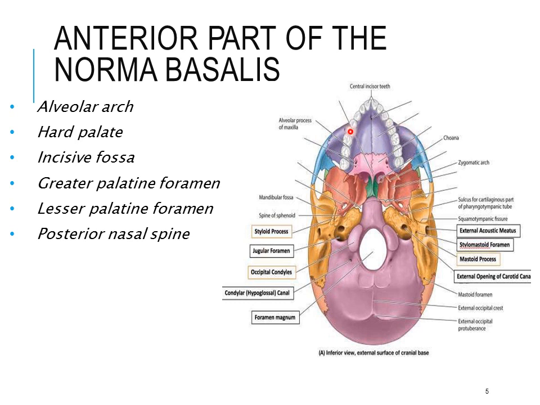Okay, so this is about the various parts of the anterior part of the Norma basalis. Basically what you have to remember is that we have the alveolar arch, and the hard palate, which is divided into anterior 2/3 and posterior 1/3. The anterior 2/3 is formed by the palatine process of the maxilla, and the posterior 1/3 is formed by the horizontal plates of the palatine bone.